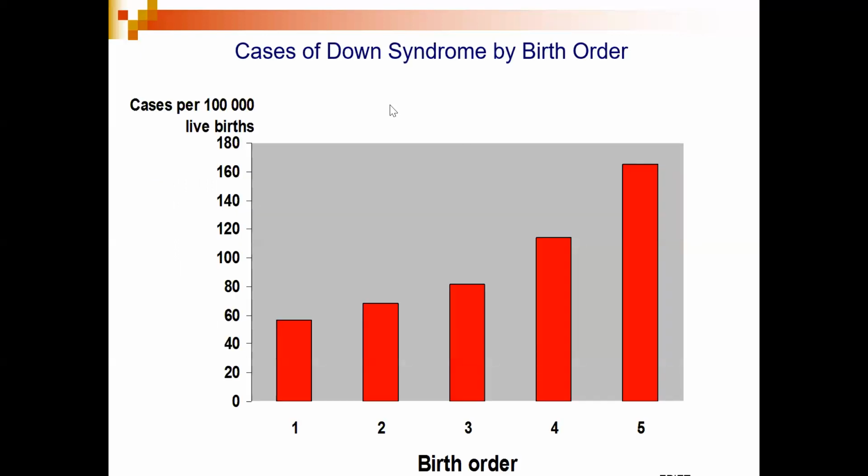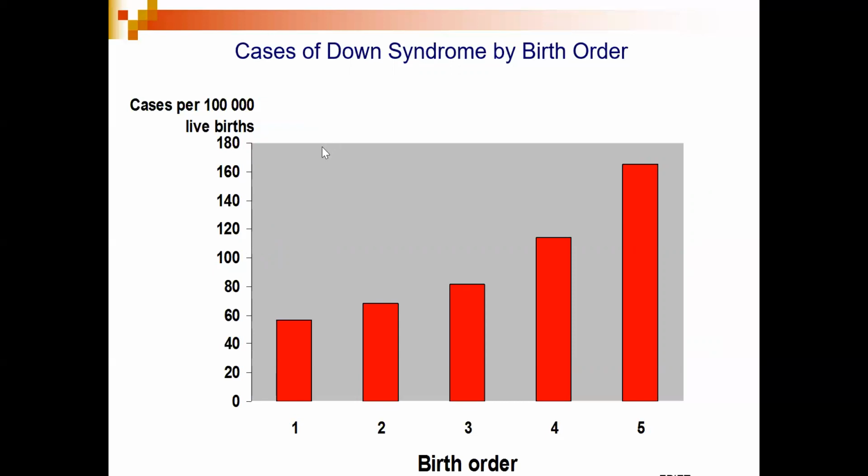Coming back to the example which we used, this graph shows the occurrence of Down syndrome by birth order.